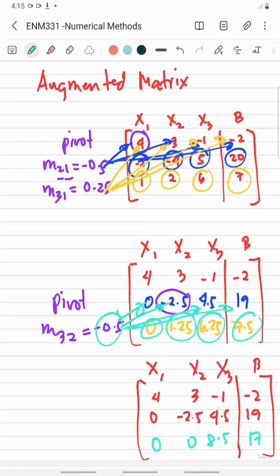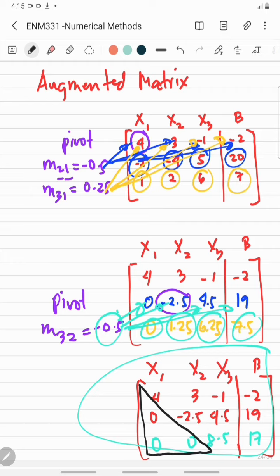So after forward elimination, we reduce the set of equations to an upper triangular matrix. So as you observe, all the elements below the main diagonal are equal to 0.